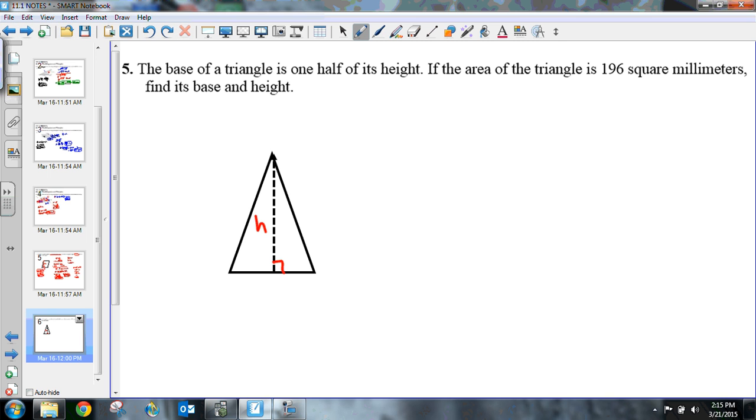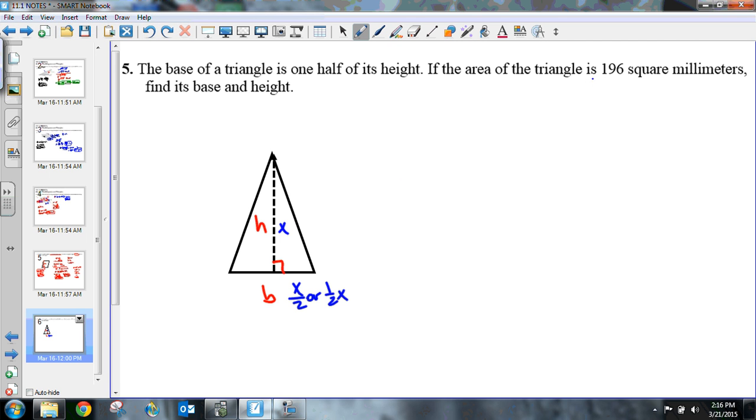Okay, it makes a right angle. And this is my base. Okay, now what I know is that the base of the triangle is 1/2 of its height. So if I called the height x, then I would call the base length half of x, which is either x over 2, or you could say 1/2 times x. Okay, either one.